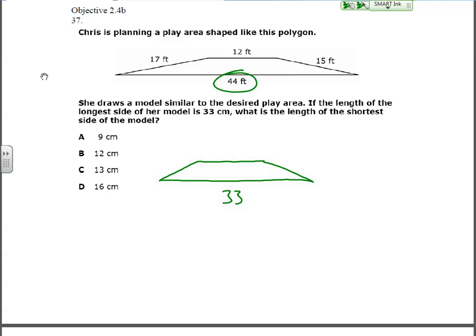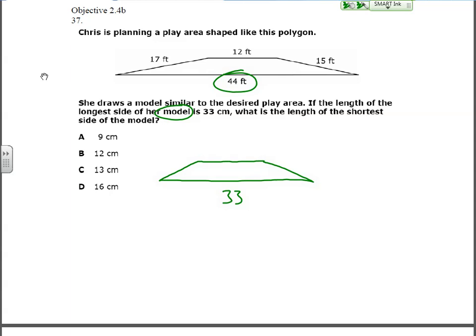So what's the scale factor here? What's the relationship between these two figures? The fact that it's a model tells you that it's going to be proportional. It'll be similar, right? What's the scale factor between these two figures? Sebastian?